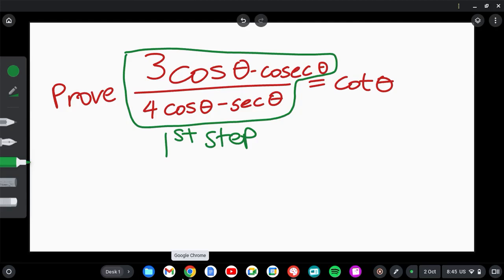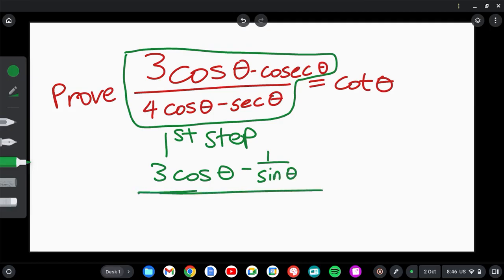So the identity, for example, your cosecant theta, you already know it's 1 over sine, so why not change it? You should be able to change it like this. It is okay to put a fraction on a divided line. What do you know is secant?